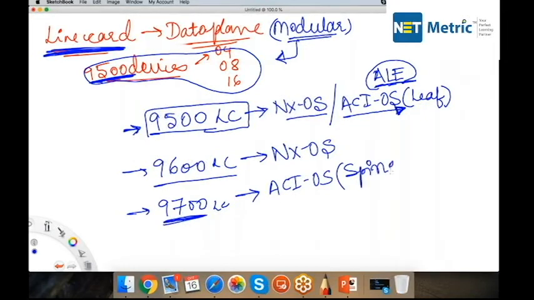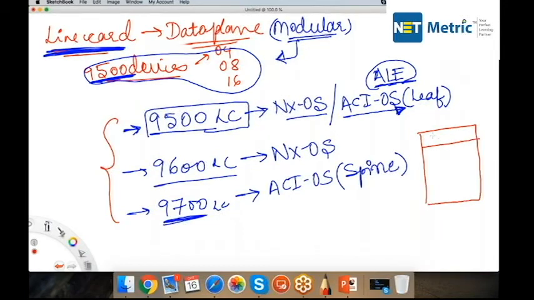All right. So these line cards, when deployed with ACI operating system, will give the functionality of leaves because they have the ALE ASIC already present on them. 9600 line cards only work when you have installed Nexus operating system on the device. 9700 line cards only work when you have ACI operating system present on that particular device.